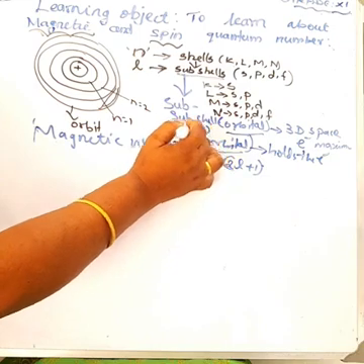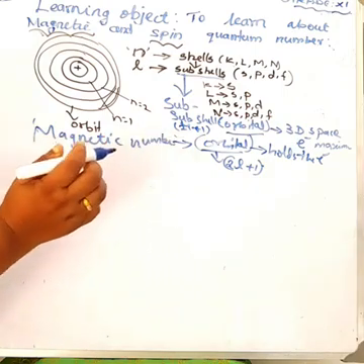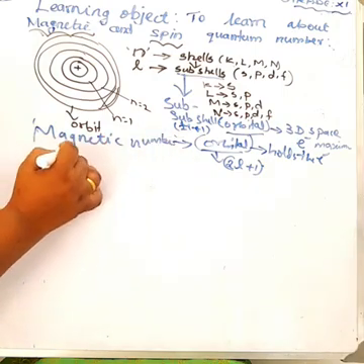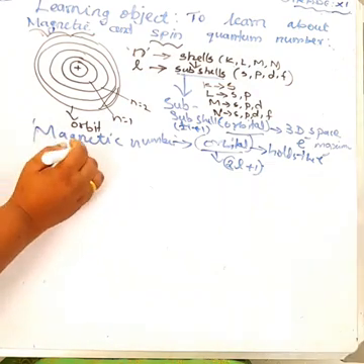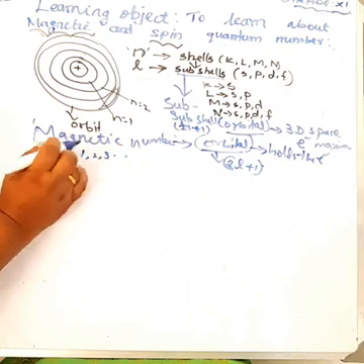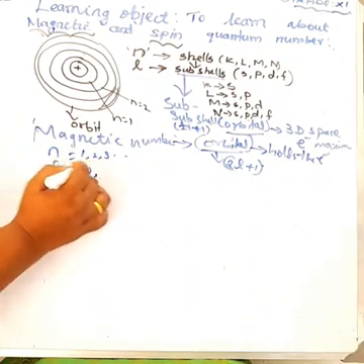What is the integral value of l? The integral value of n is 1, 2, 3, 4 and so on. The integral value of l starts from 0 to n minus 1. You know, we studied this clearly yesterday.